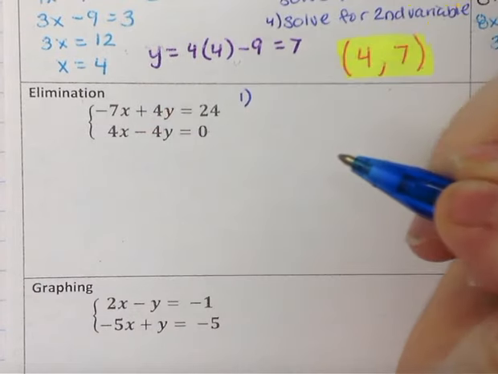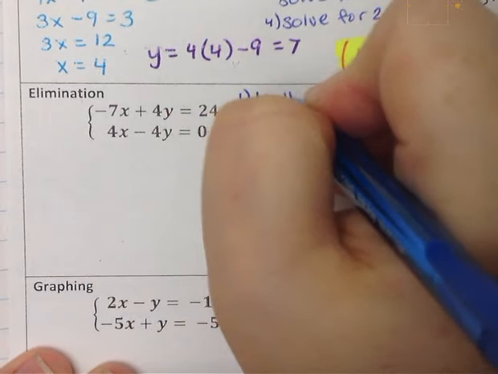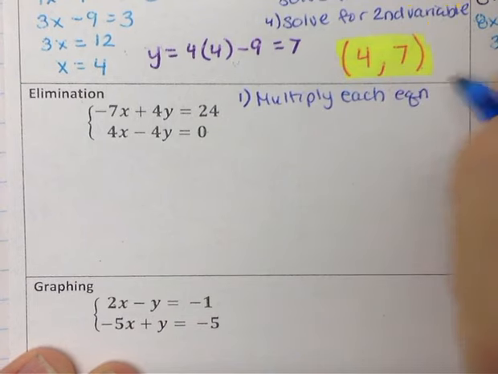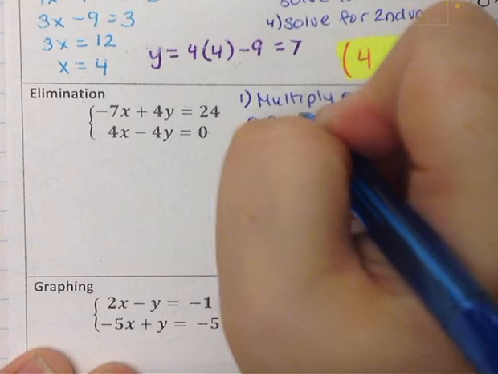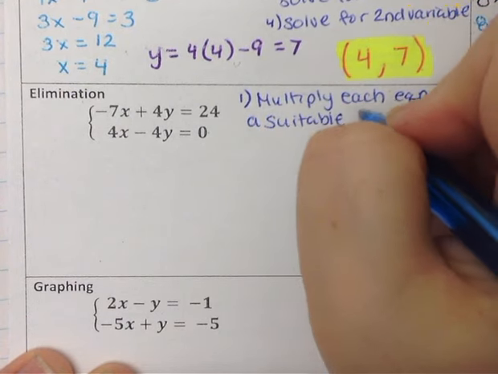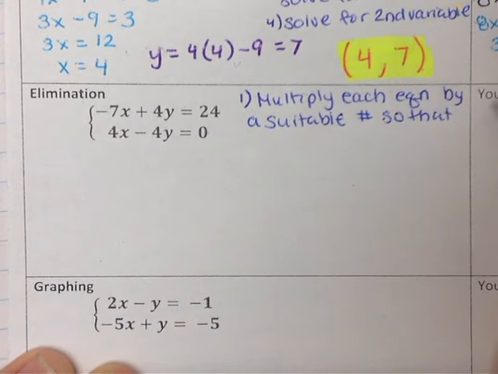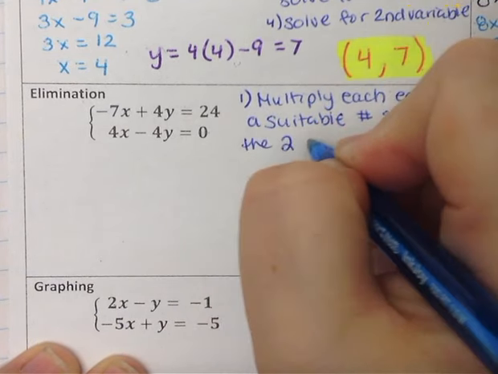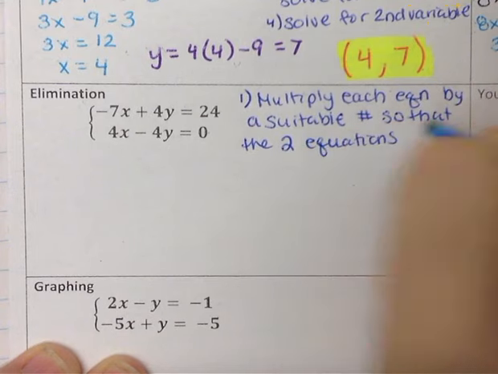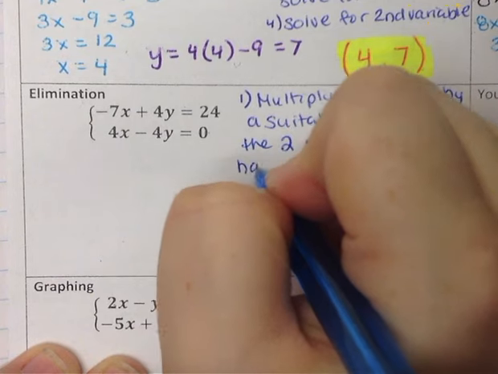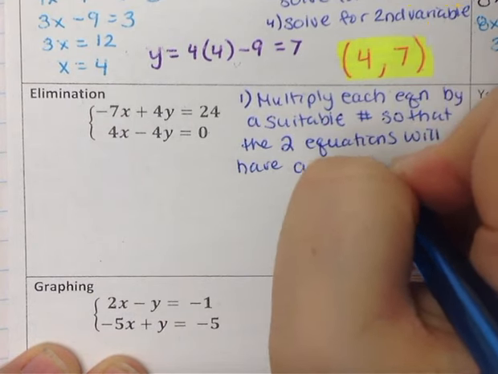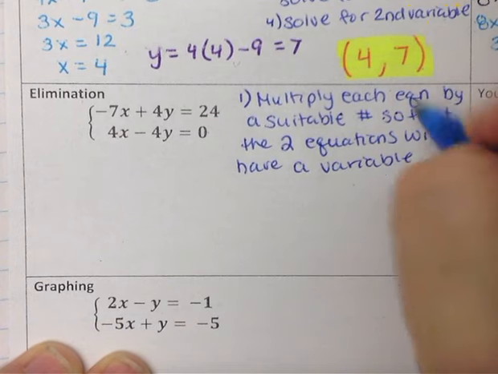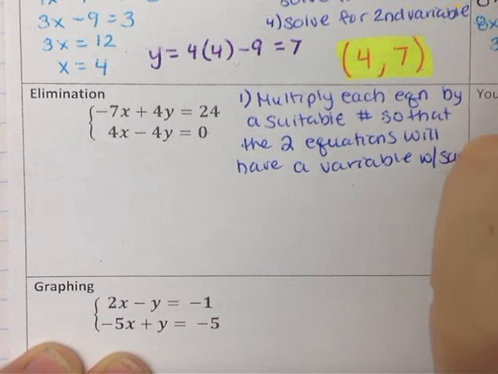For elimination, the first step is to multiply each equation by a suitable number so that the two equations will have a variable, so the same variable, so both of them will have the x or both of them with the y, a variable with the same coefficient.